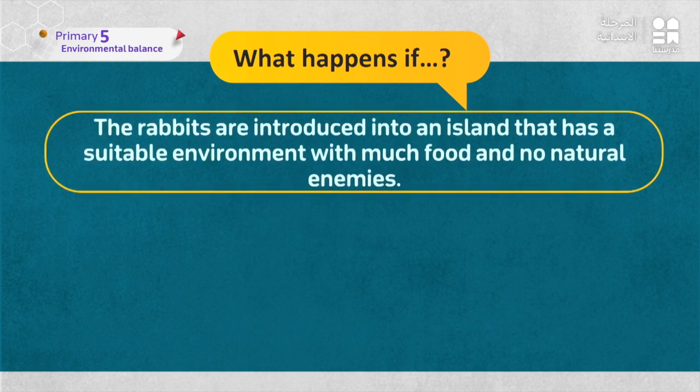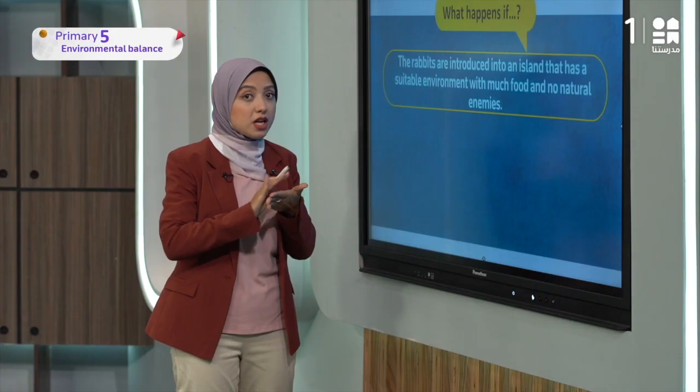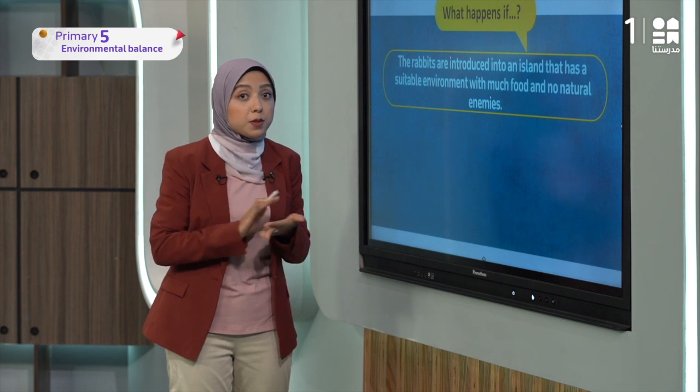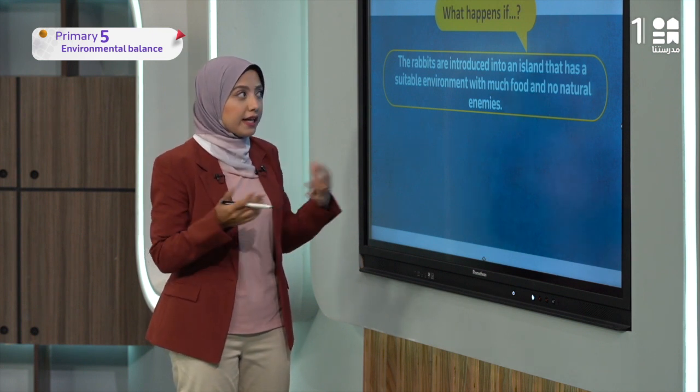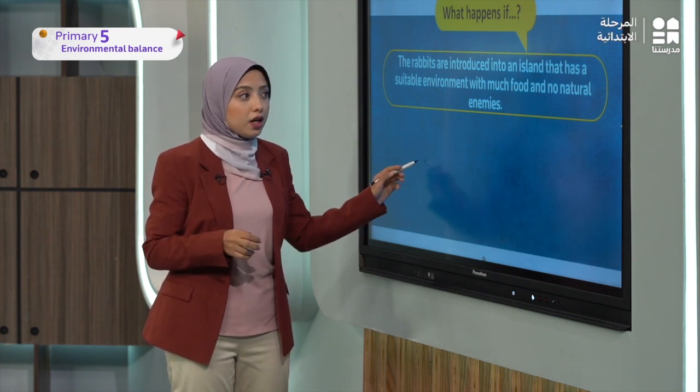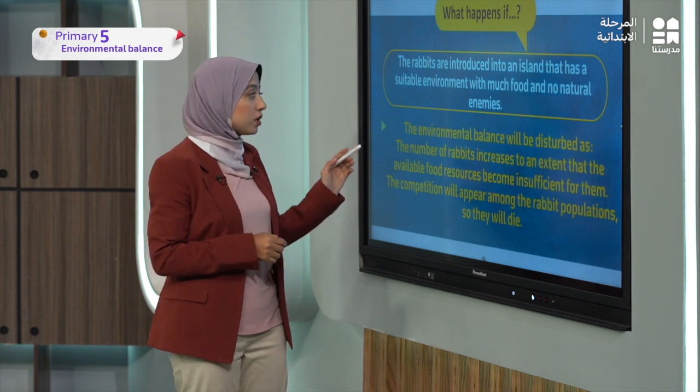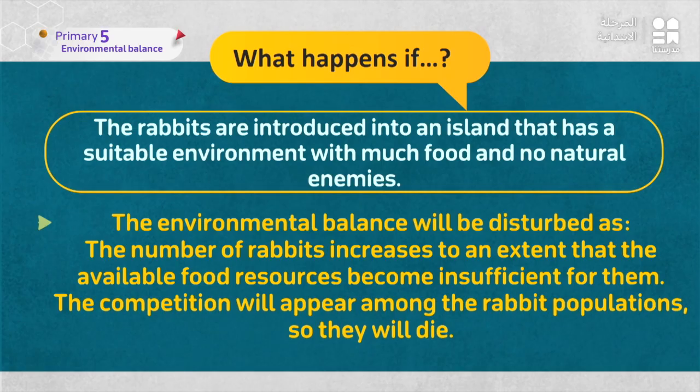What happened if the rabbits are introduced in an island that has a suitable environment with much food and no natural enemies? No natural enemies يعني مفيش أي predator. إيه اللي هيحصل؟ أكيد عدد الرابتس هيزيد قوي. And also that's not good at all. So the environmental balance will be disturbed. ليه يحصل disturbed?